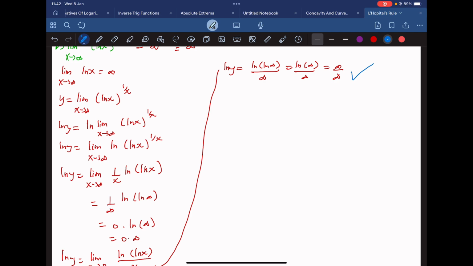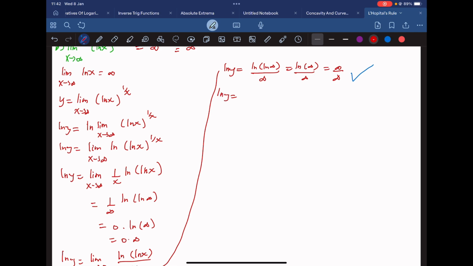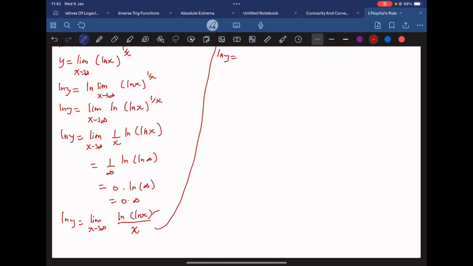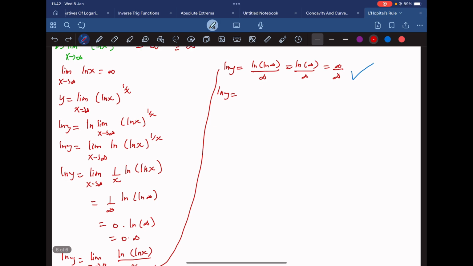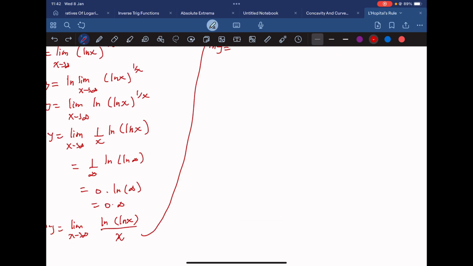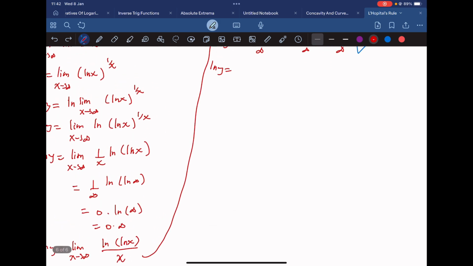So now we can go ahead to use L'Hopital. For L'Hopital, we differentiate the top and the bottom. So in that case, we have limit as x approaches infinity. And if we differentiate the numerator, which is this, note, this is very tricky, right?